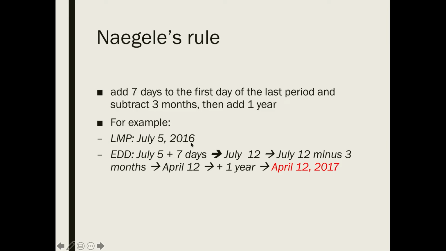First, July 5 plus 7 is July 12. July 12 minus 3 months is April 12, plus 1 year, so that will be April 12, 2017. April 12, 2017 will be the EDD for a patient with an LMP of July 5, 2016.